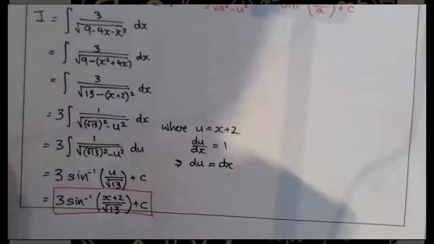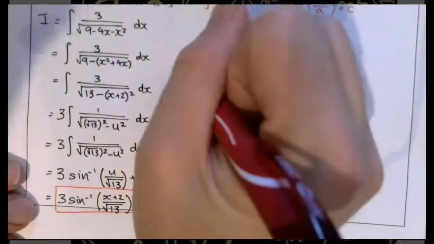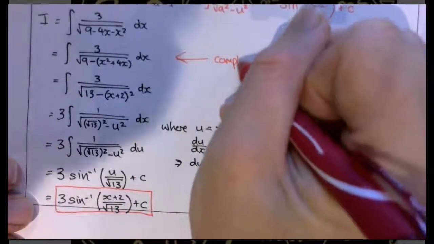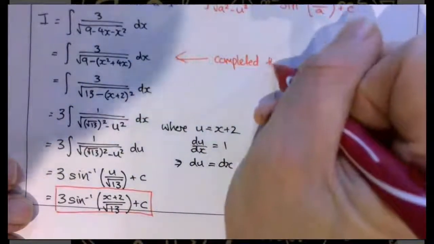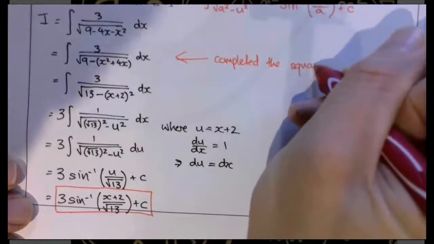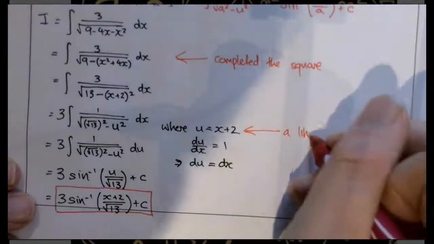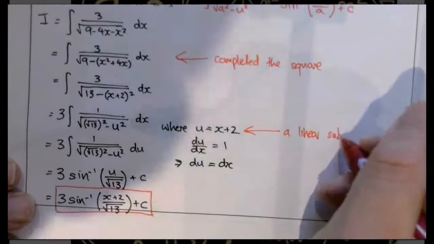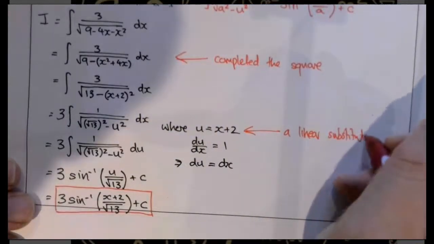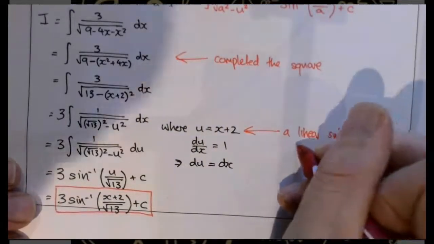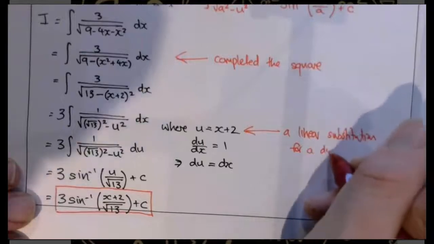It's my final answer. So, what did we do here? Well, we completed the square. We made a linear substitution for a dummy variable.